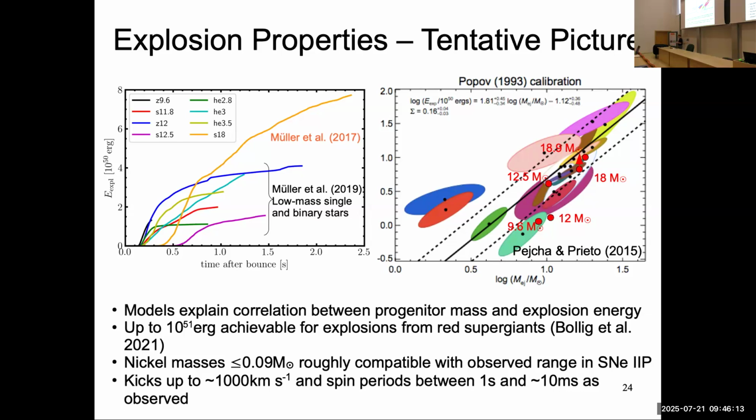And what we're also seeing is that when we get explosions, the energy ranges of observed typical explosions are within reach. So it's no longer a mystery that we can get explosions of 10 to the 51 ergs. And also the ranges of kicks that can be produced by asymmetries in the explosions seem compatible with observations. So that seems we're not completely off track.